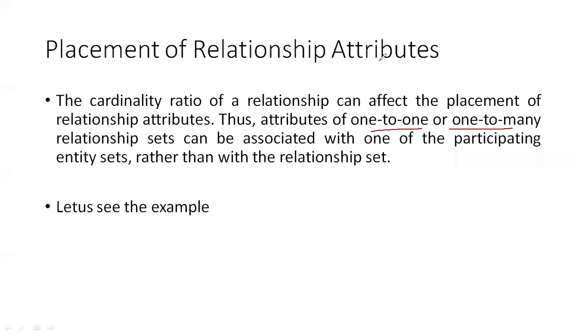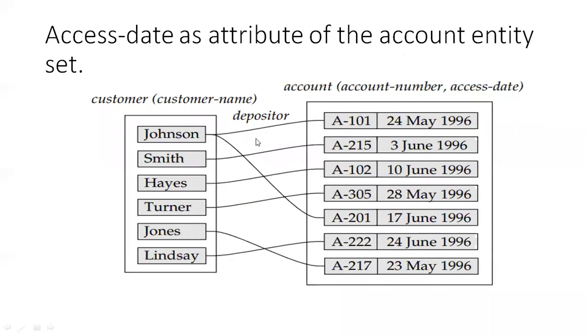If this is the situation, then we can give access date as an attribute to the account only. One-to-one is possible and one-to-many is possible. How come? Let us see.